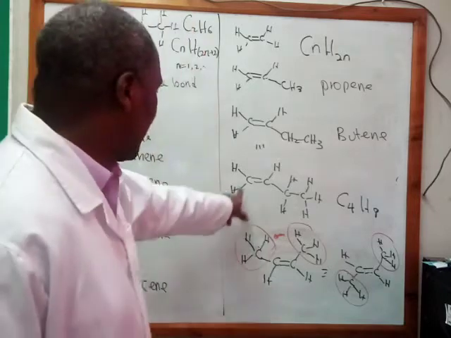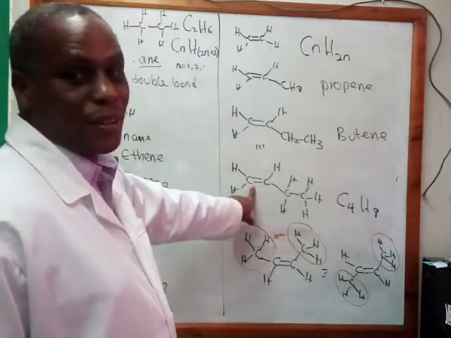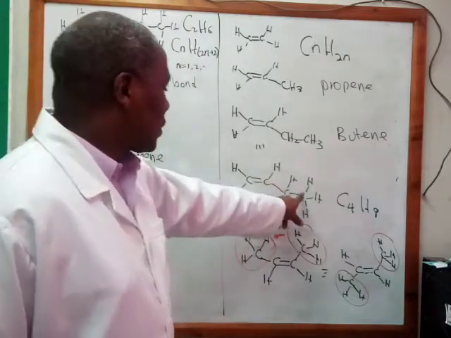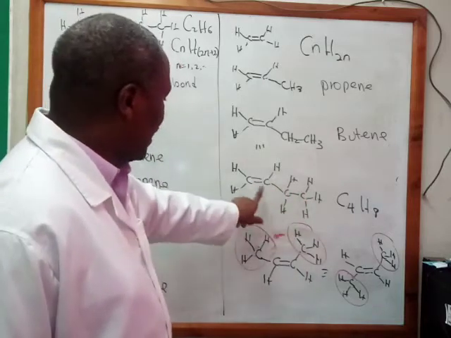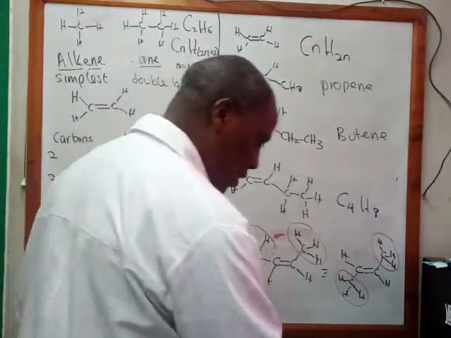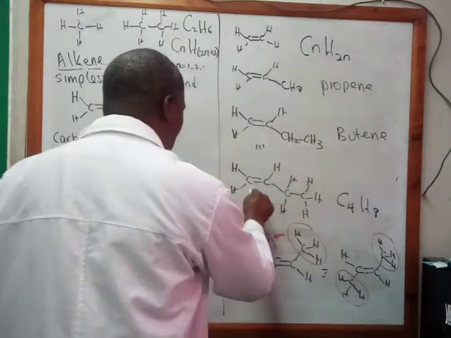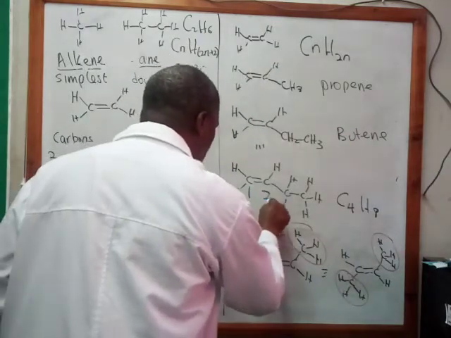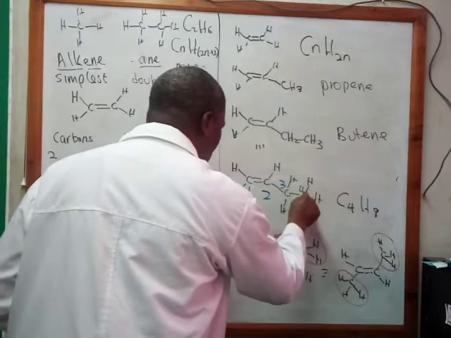So here there is the double bond, which means I cannot start this one as carbon number 1. I'm going to say number 1 will be this one, and I can call it 1, 2, 3, and 4.